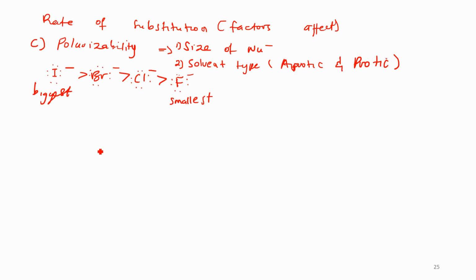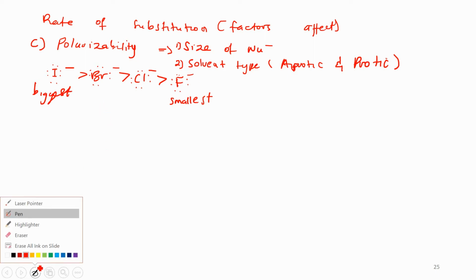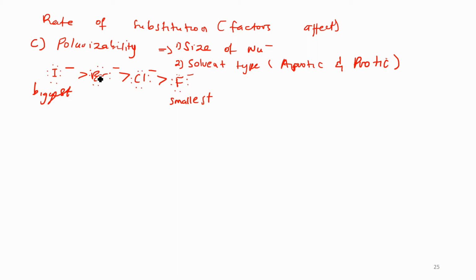I'm going to give you a shortcut here. In terms of nucleophilicity, which means the ability of the anion to be a nucleophile, I-, which is biggest in size, will be the best nucleophile in protic solvents.